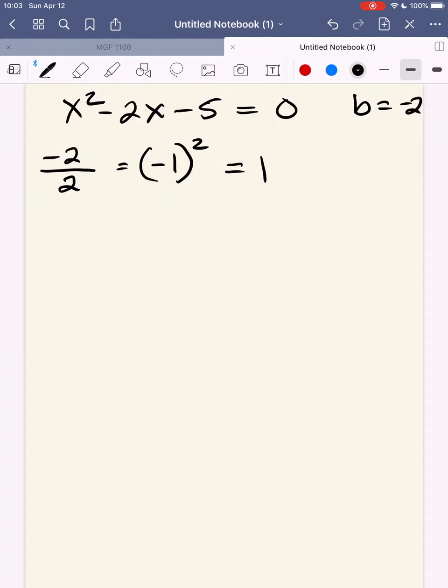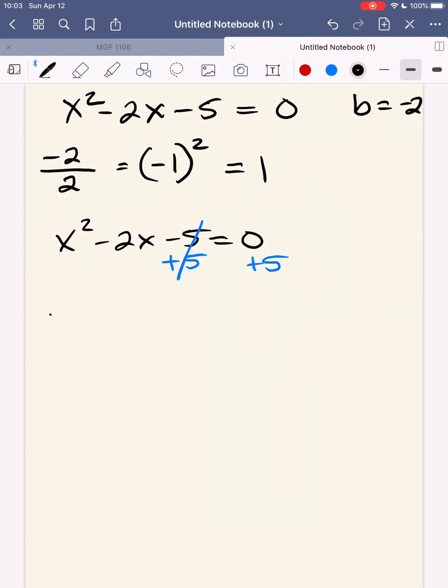So I have my equation, and the first thing I want to do is take my 5 and move it to the other side, so these cancel out.